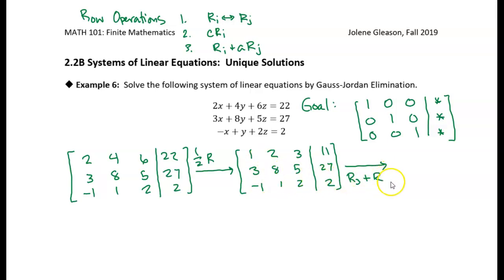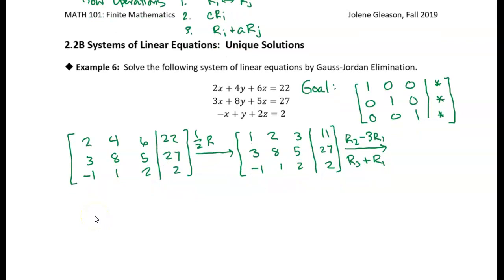Now I can actually do 2 steps in one. I'm also going to take care of row 2, because if I replace it with row 2 minus 3 row 1, then I'll get a 0 where I want it. And I can do both of those steps at once.